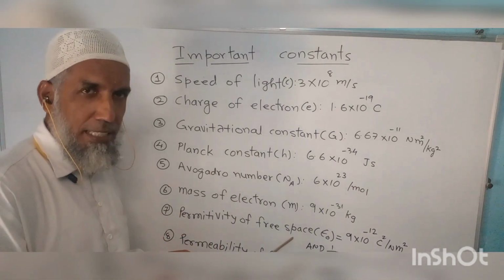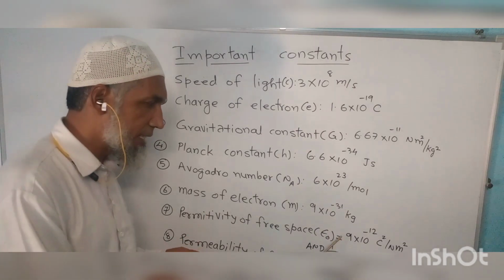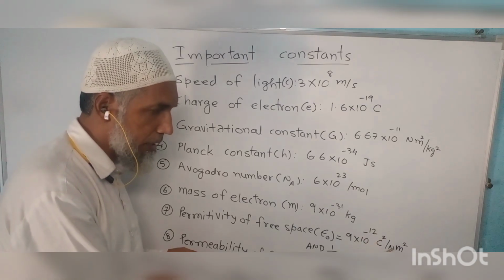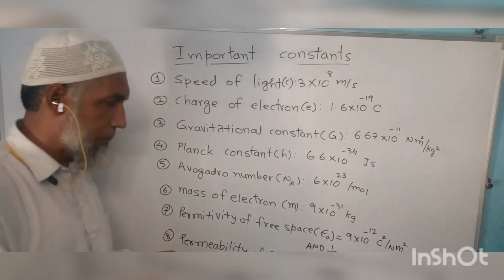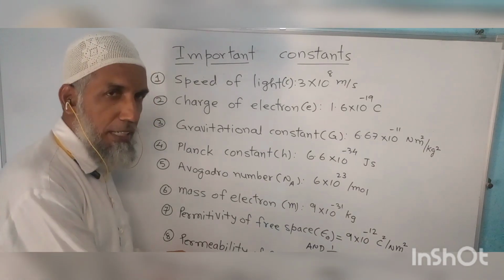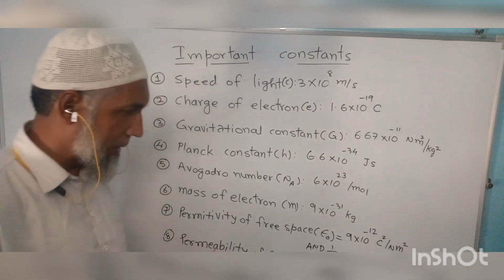Permittivity of free space, its symbol is epsilon naught and its value is 9 into 10 to the power of minus 12 coulomb square per Newton meter square. Permeability of free space, its value is mu naught, 4 pi 10 to the power of minus 7 Tesla per ampere.